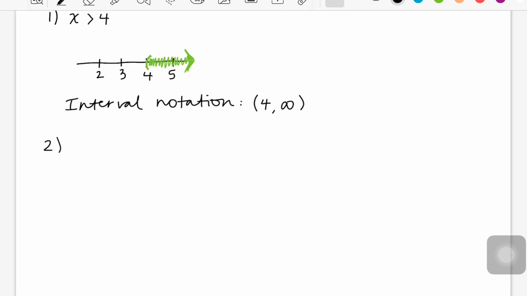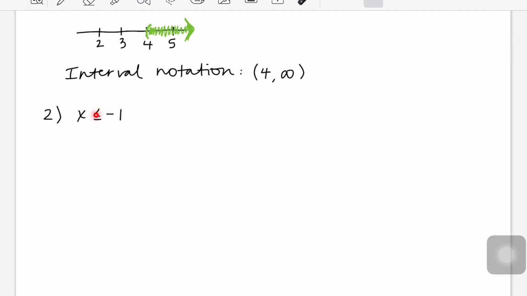All right, let's look at another example. We have x is less than or equal to negative 1. Now here we see that x is less than or equal to, so we're going to be using a bracket. So drawing our number line, we know that x is going to be less than or equal to negative 1, so we have our bracket here.